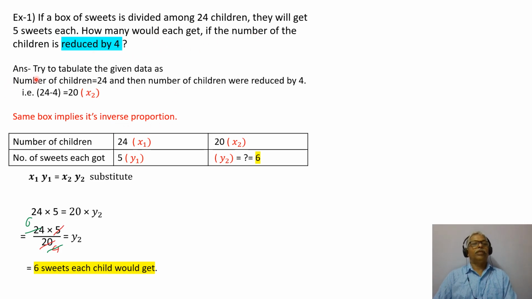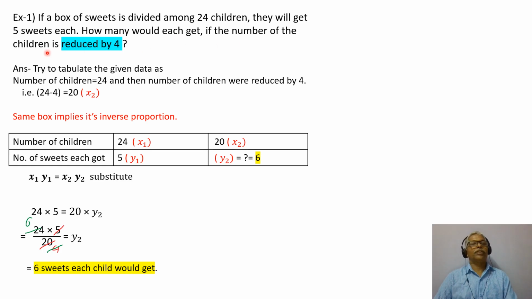So answer: try to tabulate the given data. We have 24 children and 5 sweets, and another quantity we are asked to get is how many sweets each will get.